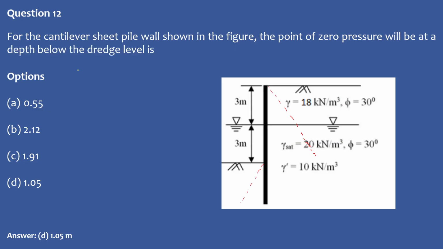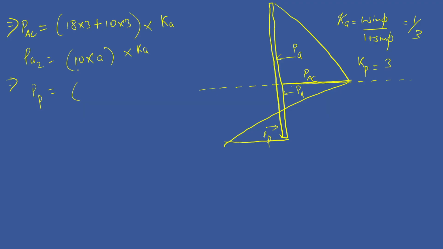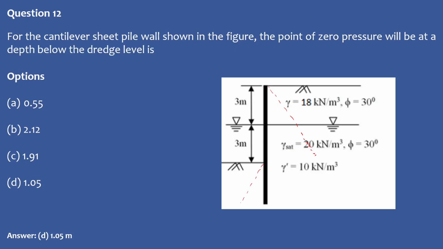Zero pressure. So this will be your Kp, and this is your 10, and this will be given by how much is this depth?